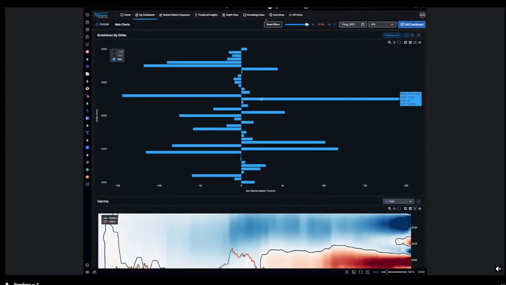We said fairly early on the downside, 6,445 will catch us, because at the time it was the biggest net dealer long on the profile. The same thing would have happened here. Had we moved down, this would most likely have caught us on the way down.